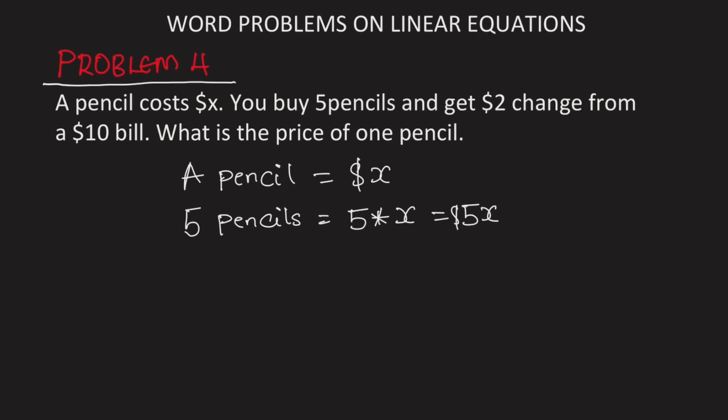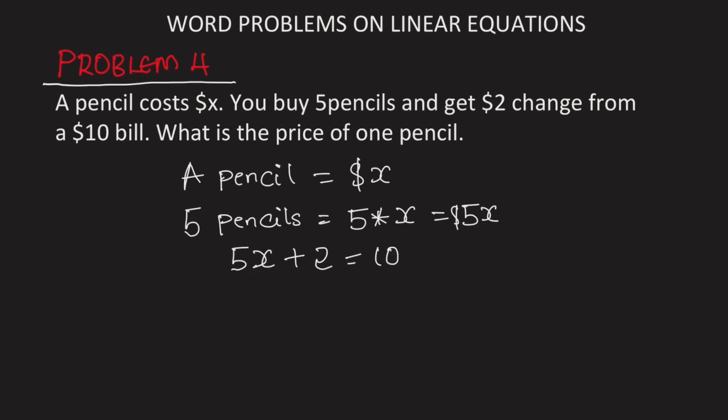Okay, and from a $10 bill, we got a $2 change. That means if you add the amount we spent for the 5 pencils and the change, that's going to give us 10. So from this information, we could get our linear equation where we know that 5x, which is the price of 5 pencils, plus our $2 change would give us $10.